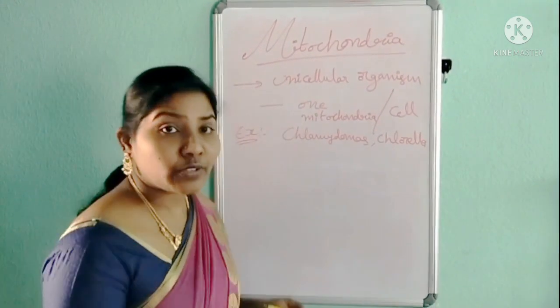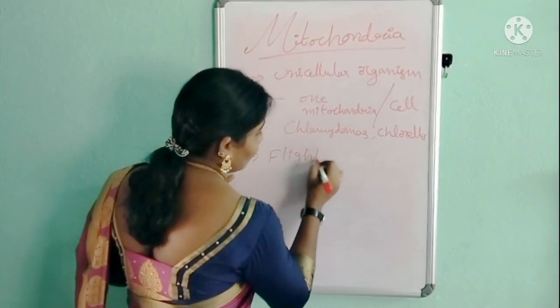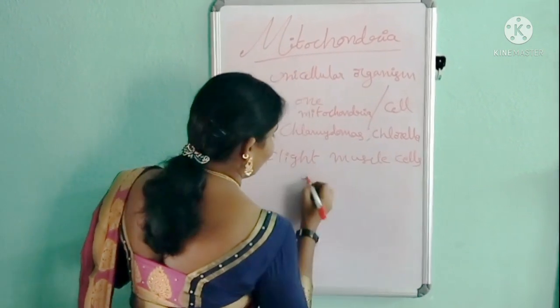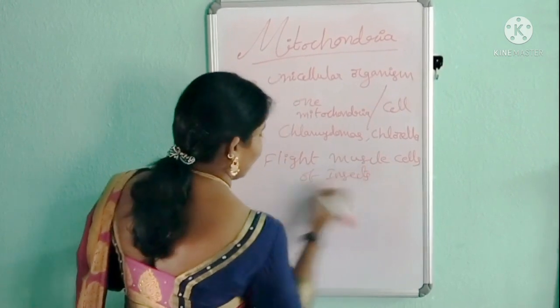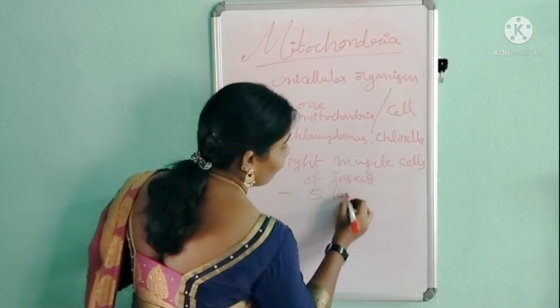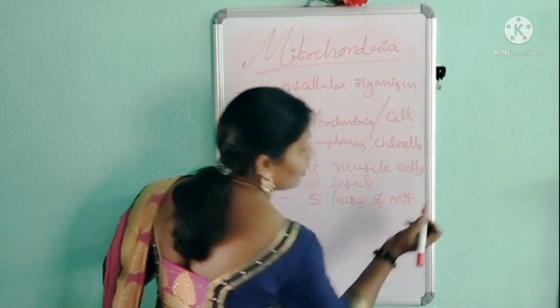Then coming to the flight muscle cells of insects, 5 lakh mitochondria are present.